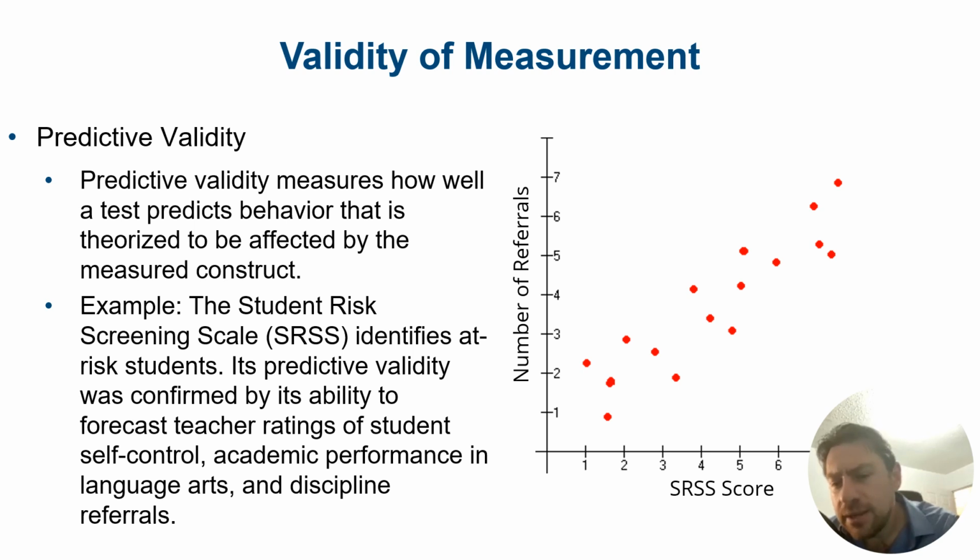Okay, so let's imagine a student takes this test, this scale, and gets some number. And some students get a high number, which indicates that they're at high risk. And some students get a low number, which indicates that they are at low risk. But you can ask, does this number actually mean anything?